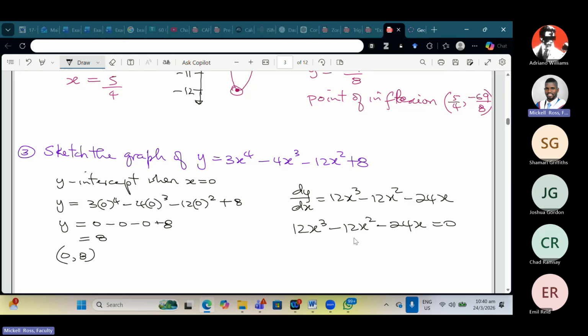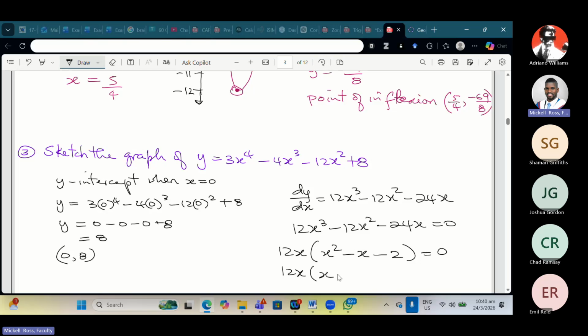One of the things that we can identify here is that something is common between all of these terms, and that is 12x. So if you notice here, we're going to have x squared minus x minus 2 equal to 0. This we can factorize easily using the factorization method.